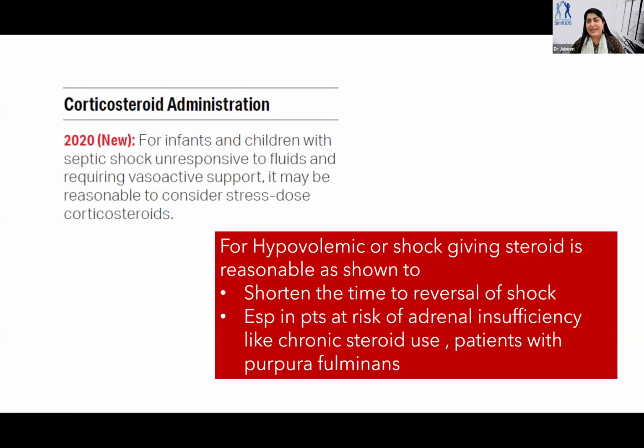But it doesn't mean that you haven't considered the fluid and the vasoactive support. You are considering steroid for patients who are not fluid responsive and not vasoactive responsive. Then you can consider giving a dose of steroid, and it's not unreasonable. Perfect.